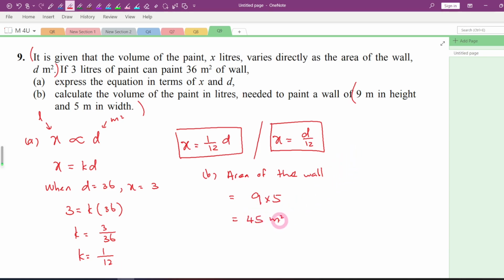Now we got the area of the wall, and then we can use this equation to help us get the volume of the paint needed. When d is equal to 45, x is equal to 1/12 times 45.